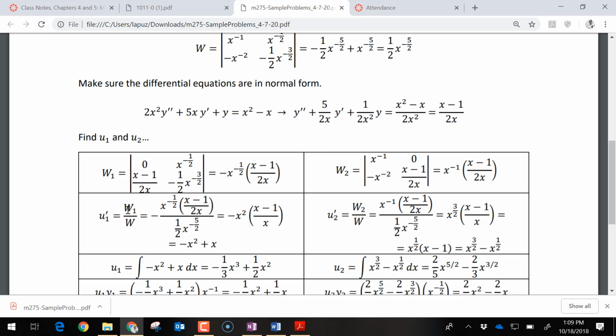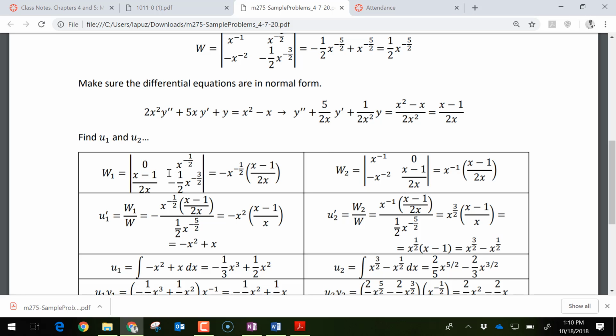So u1 prime comes from w1 divided by w, right? When you do these determinants for w1 and w2, one of the slots in the top row is 0, so you're guaranteed that one of the diagonals is going to be equal to 0.